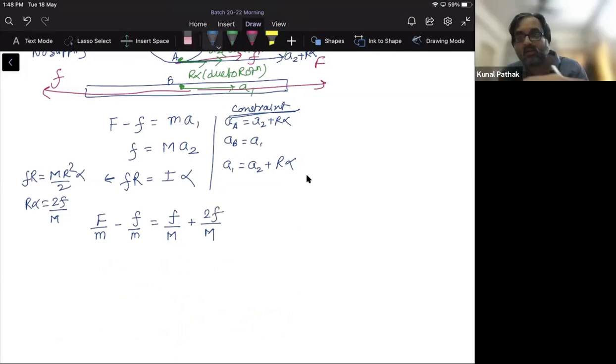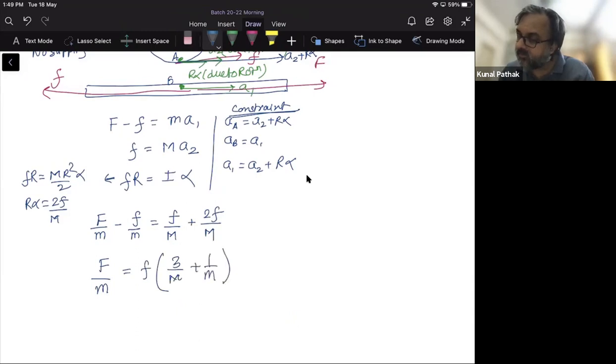मैं इधर देख रहा था ना, चैट उधर. हाँ, हो गया। f by m is equal to f 3 by m plus 1 by m. So f is equal to f capital M upon 3m plus... अभी सही है ना?